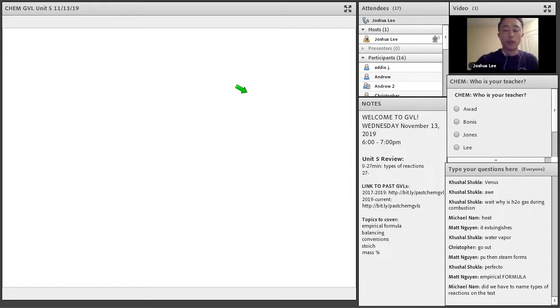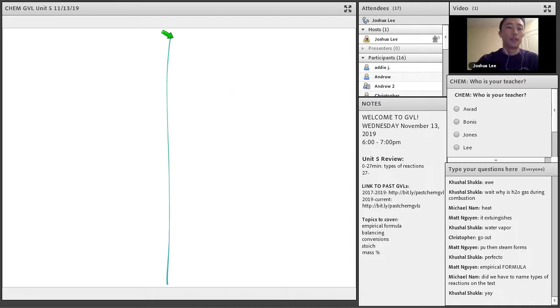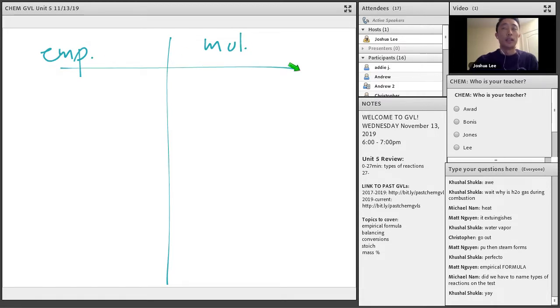So empirical formula. So here's the difference between empirical formula and molecular formula. An example would be a molecular formula is 22 out of 55. That'd be your molecular formula. So like 55 students, 22 of them are boys.